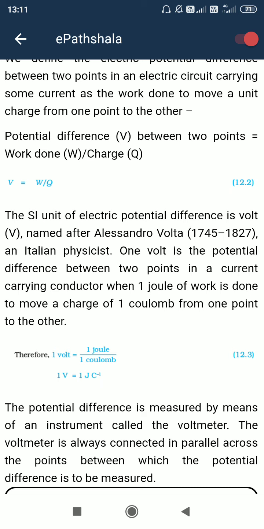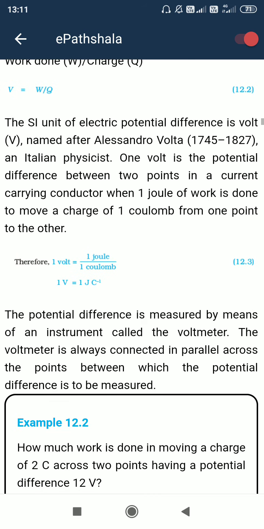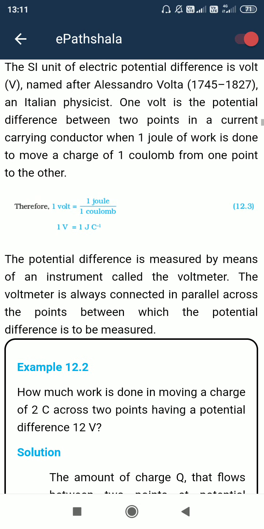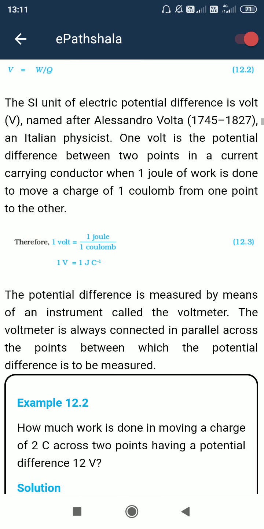If we move one unit charge from one space to another and the work done is W, then W equals V. When the charge is Q units, V equals W by Q. So 1 volt is equal to 1 joule by 1 coulomb, where joule is the unit of work done and coulomb is the charge.